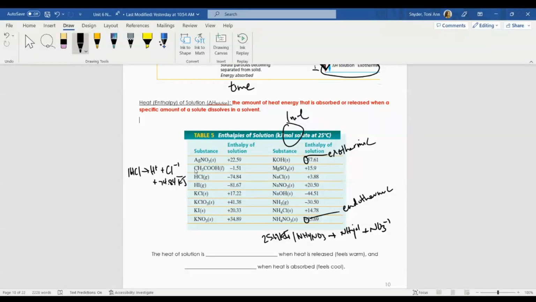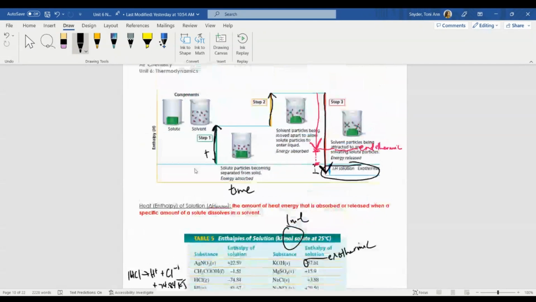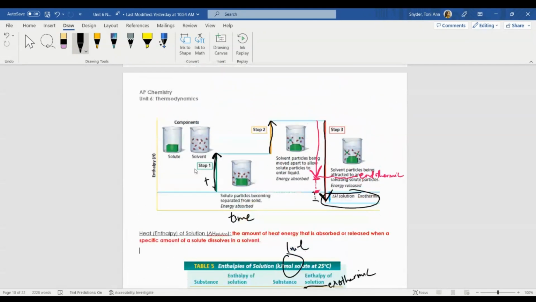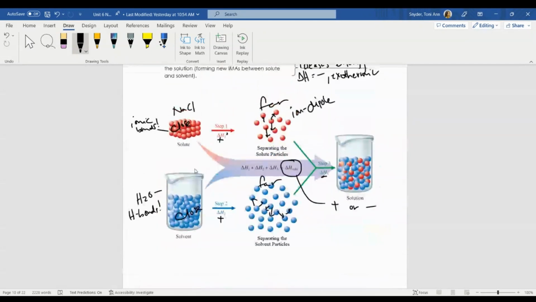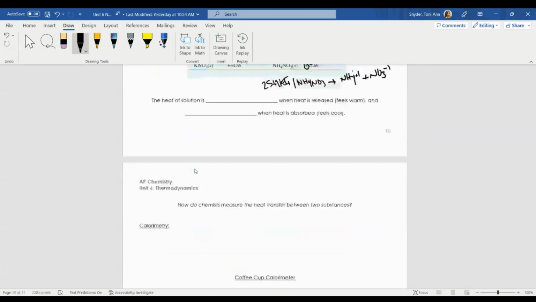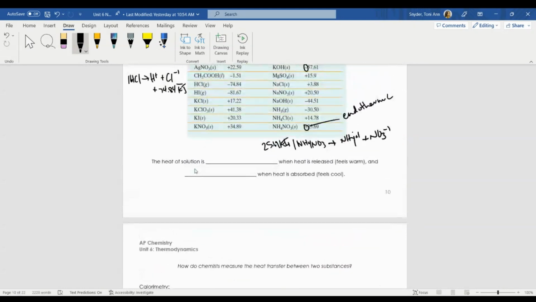We'll look at some examples with this in class, but otherwise, I think College Board really wants you to understand these charts more than anything with heats of solution. I always see a ton of charts pop up on the multiple choice questions. So we'll take a look at as many of those as we can.